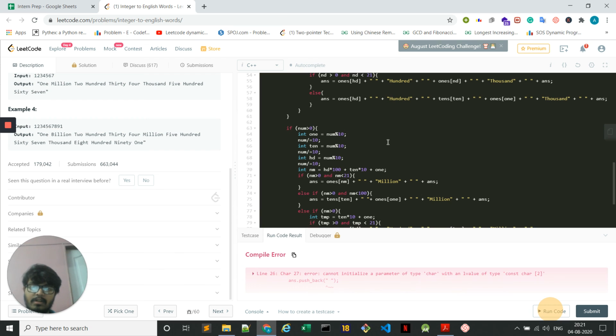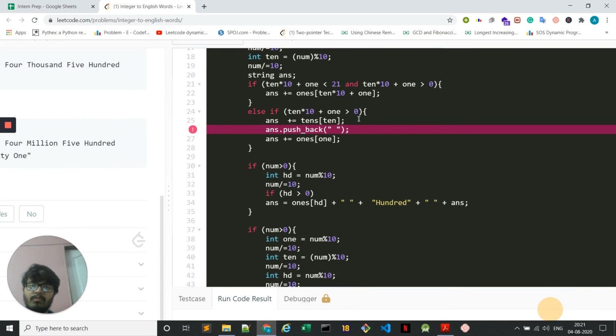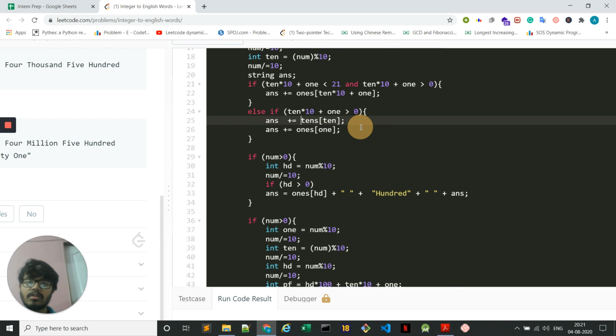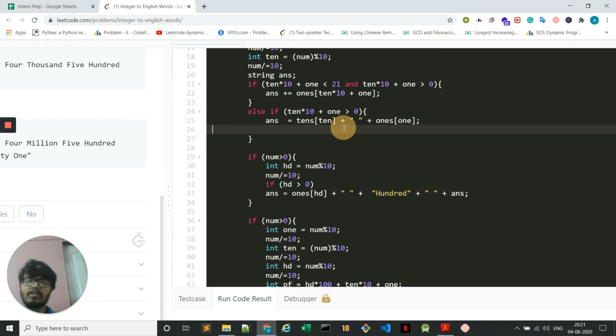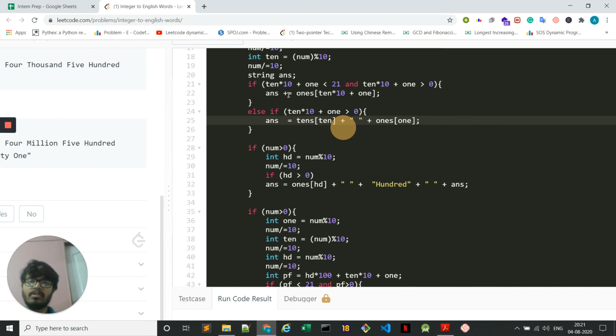So there is a compilation error because we are pushing back, we cannot push back this. Instead of doing this, let us do it more neatly, in line with the principles which we have followed so far.